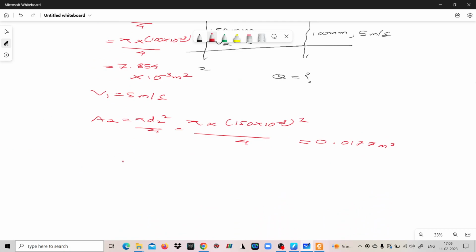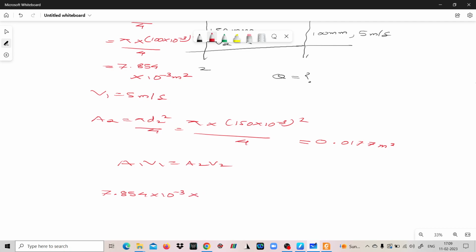We have A1 V1 equal to A2 V2. So 7.854 into 10 to the power minus 3 into 5 is equal to 0.0177 into V2.